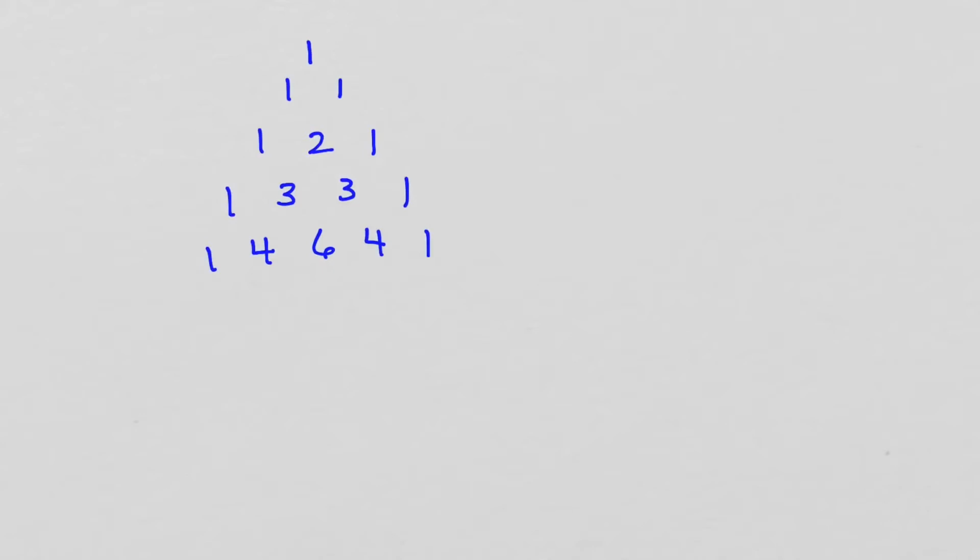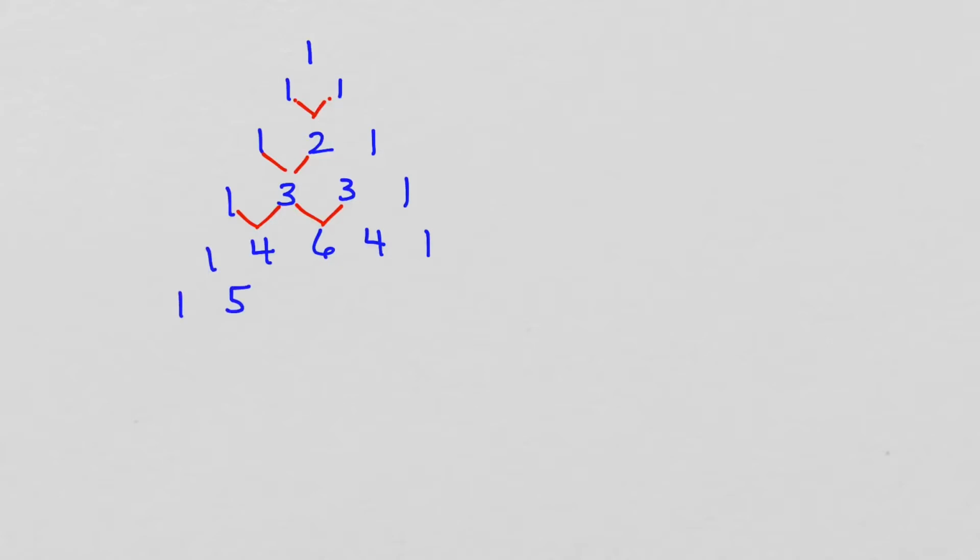And what is the logic that I'm using here? Whenever I have two numbers adjacent to each other, they add, and I put that sum underneath in the middle of them. So 2 and 1 make 3, and 3 and 3 make 6, and 1 and 3 make 4, and so on.